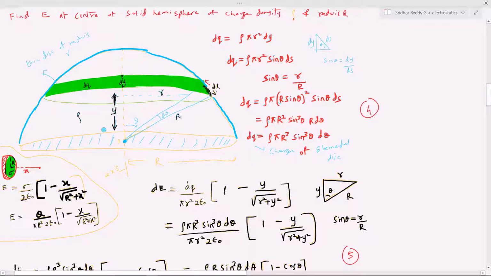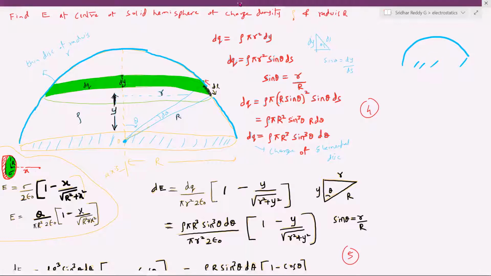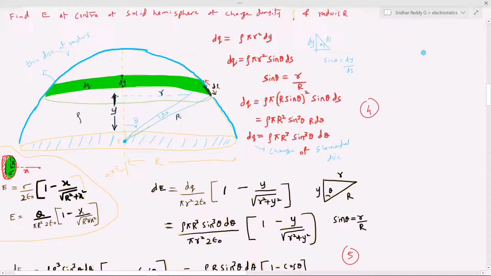For that, what is this solid hemisphere? How does it appear? Everyone knows, you take a lemon or watermelon and cut it into 2 equal parts, just simple examples like in the kitchen. So you take a lemon, cut into 2 equal parts, then that half of the lemon piece will become a solid hemisphere.